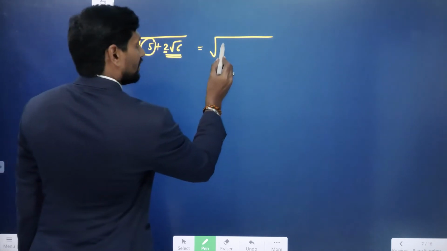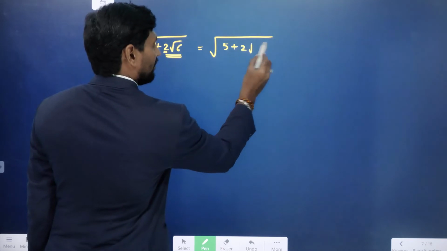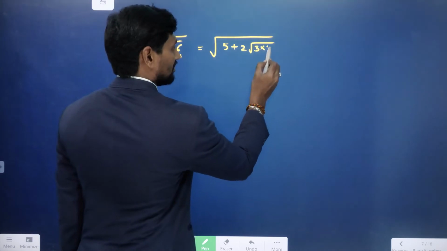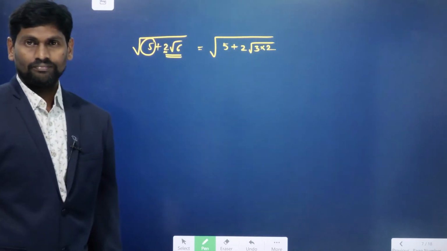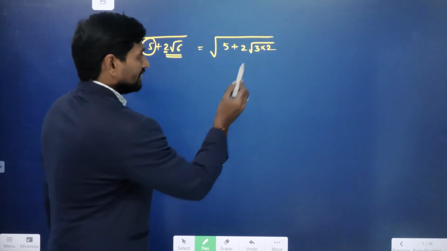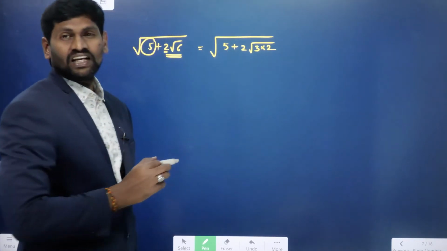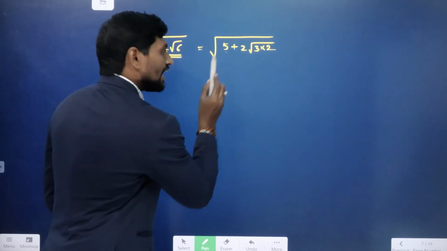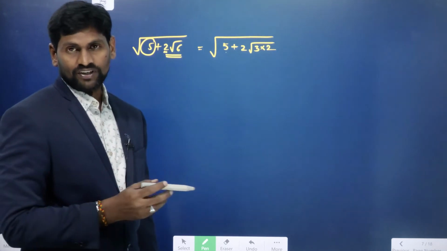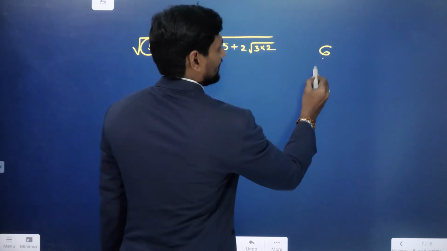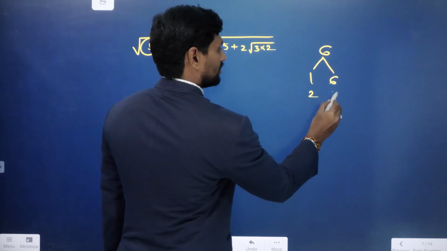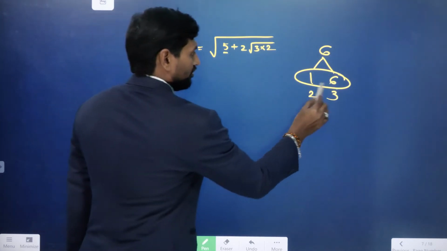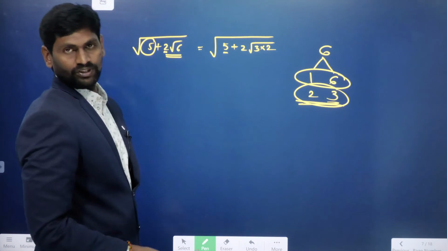Now see, inside we have 6. I can write 6 as 3 twos, because 3 plus 2 becomes 5. I can also write 6 as 6 ones, but 6 plus 1 becomes 7. But here we have 5, no? So 3 plus 2 becomes 5. That's why I am using these factors. 6 can be written as 6 times 1 or 2 times 3. When you add 6 and 1 you get 7, but here in front we have 5, so I am choosing 2 plus 3 or 3 plus 2.